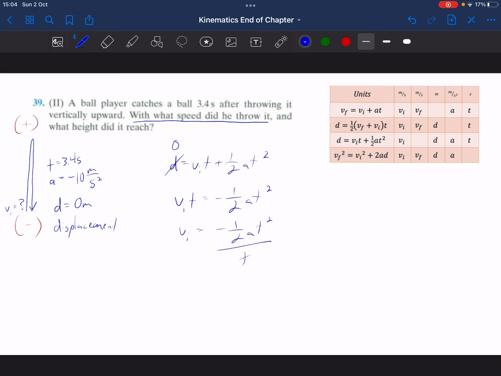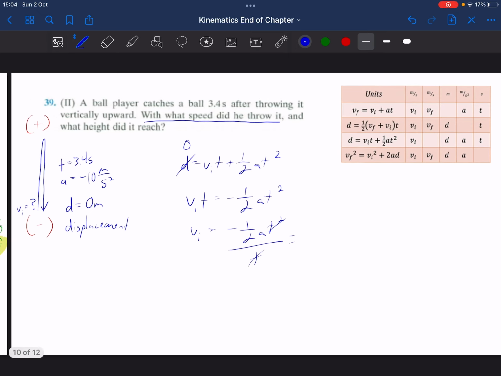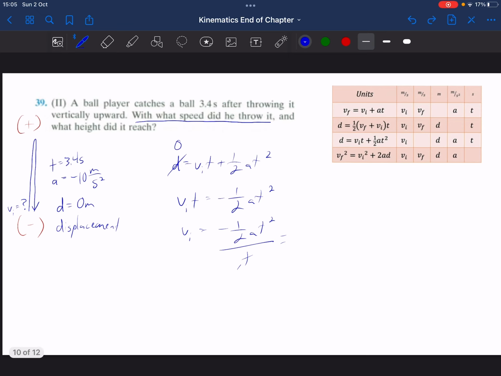The T divides out. So we get, whoops. All right, and we know acceleration is negative 10. We know time is 3.4.